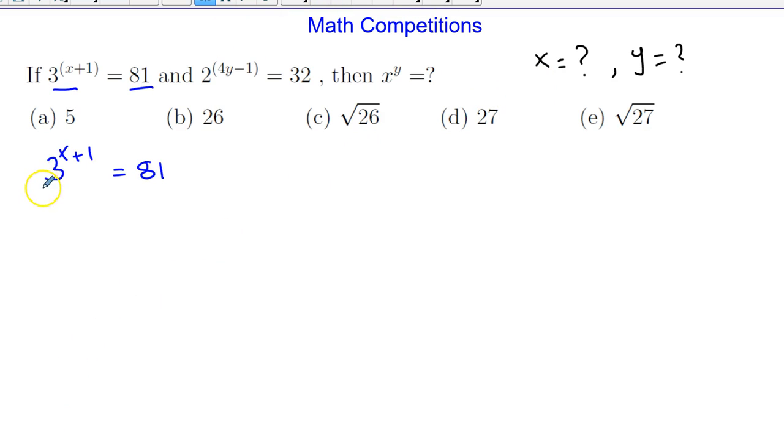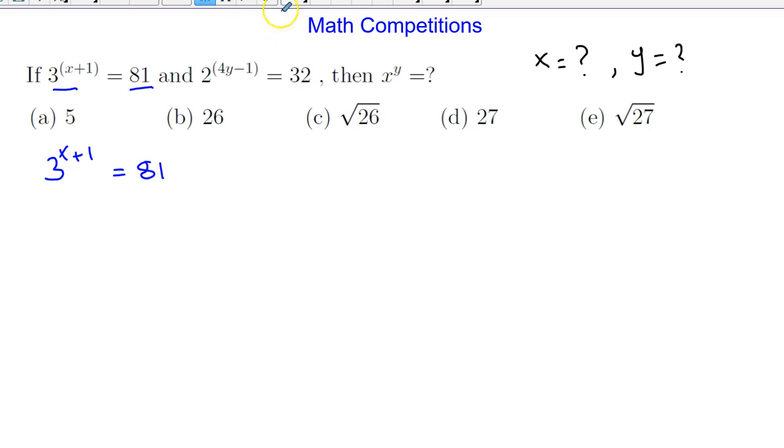Okay, we have 3 to the power of x plus 1 is equal to 81. Now in this equation, the base on the left hand side is 3 and on the right hand side we have 81 by itself.